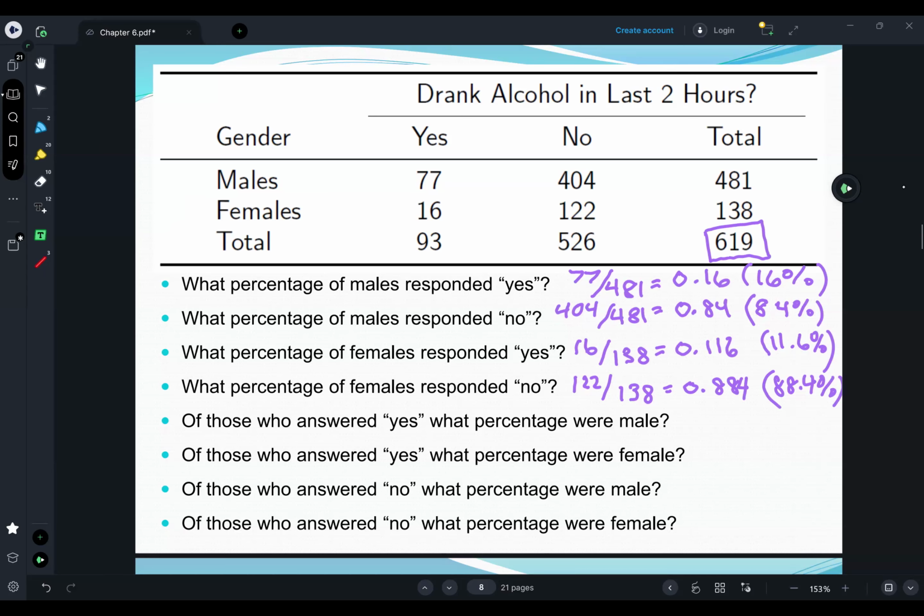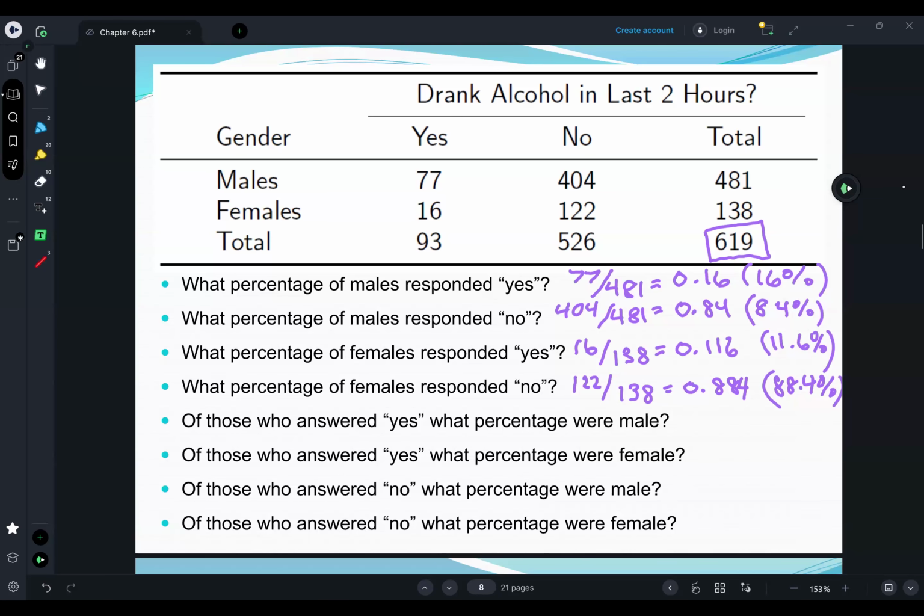So there were 481 males and 138 females, grand total 619. And it should add up to the same number as the number that said yes, which is 93, and the number that said no, which was 526. Those should also add up to 619. So we call it the grand total.